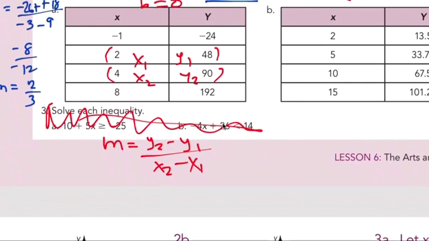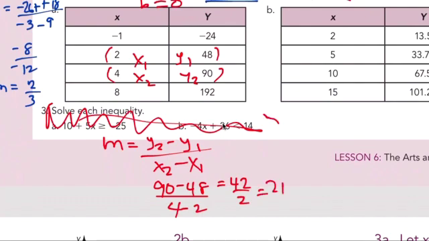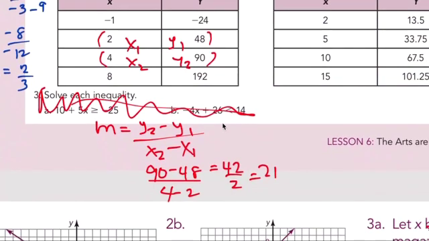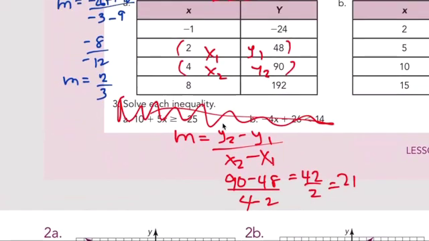Okay, 90. So you got 90 minus 48, which is 42. Four minus 2. So your slope is 21. So the slope is 21, so finding the y-intercept.